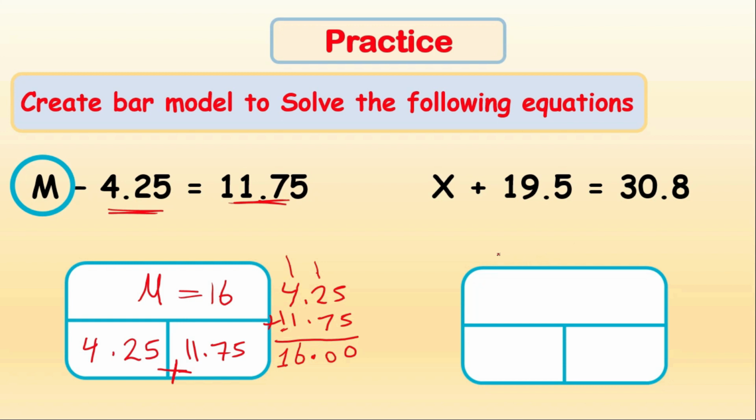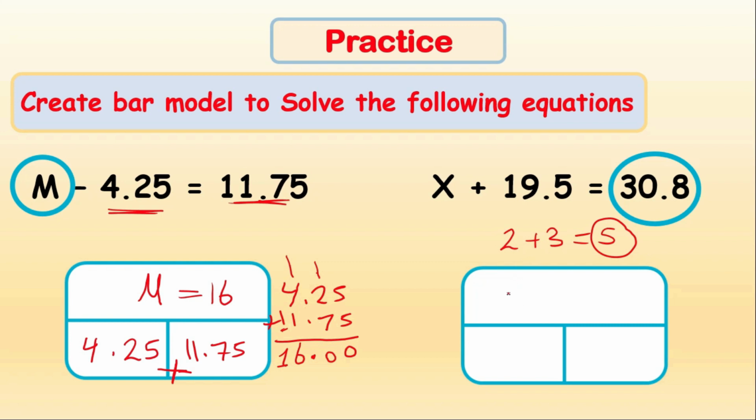First, find the greater number. Which is the greater? The last number, the number after the equal sign, is the greater number. Why? For example, 2 plus 3 equals 5, so the sum must be the greater value.